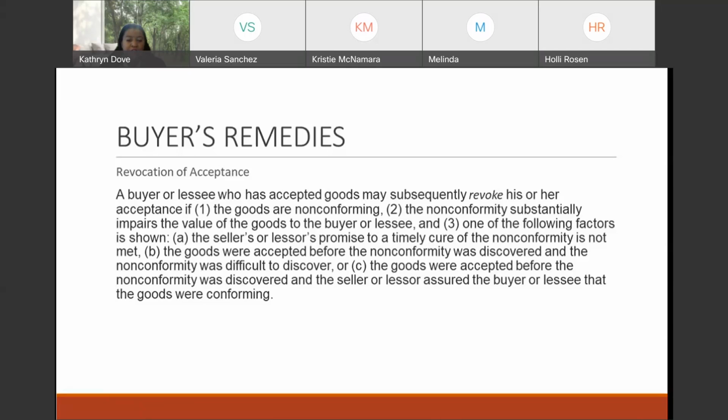The nonconformity was difficult to discover. Or the goods were accepted before the nonconformity was discovered, and the seller had already assured the buyer that the goods were conforming. So not only can the buyer reject the goods, the buyer can also revoke acceptance if the buyer later learns that the goods are non-conforming.